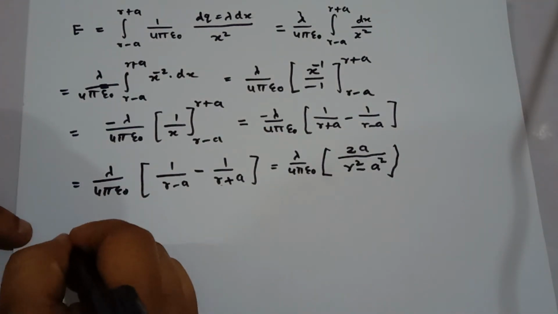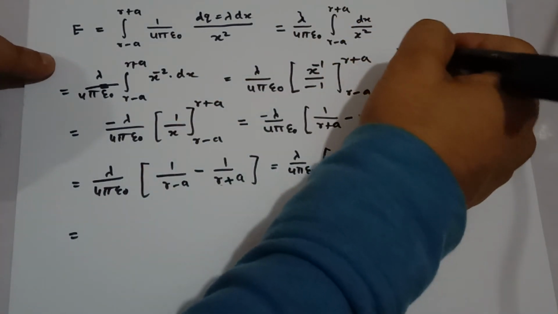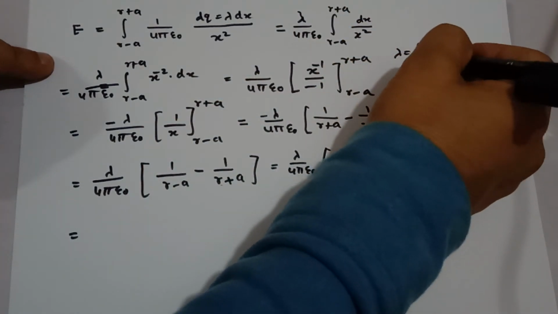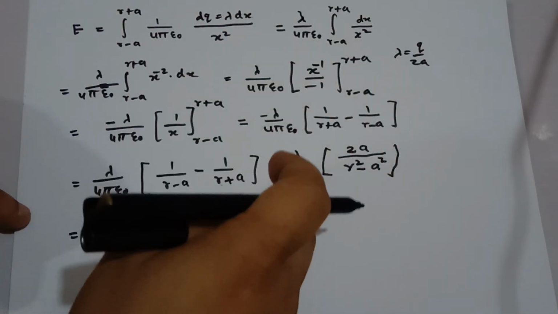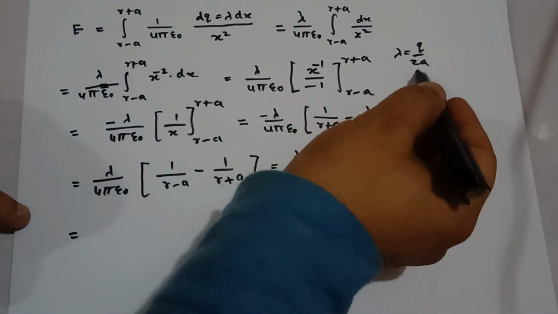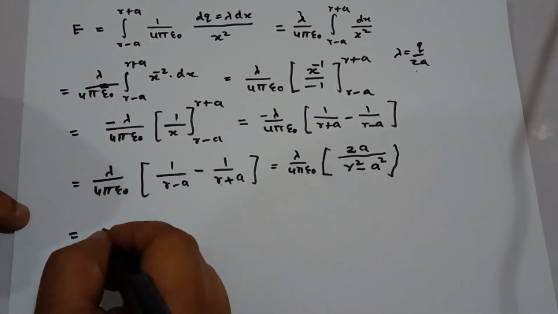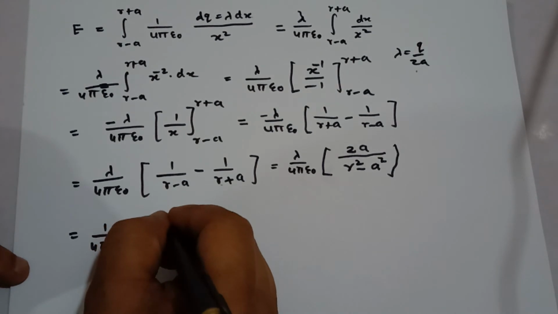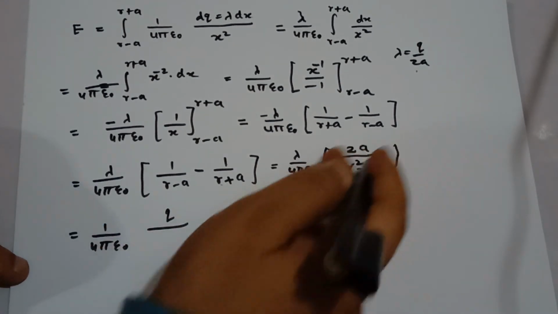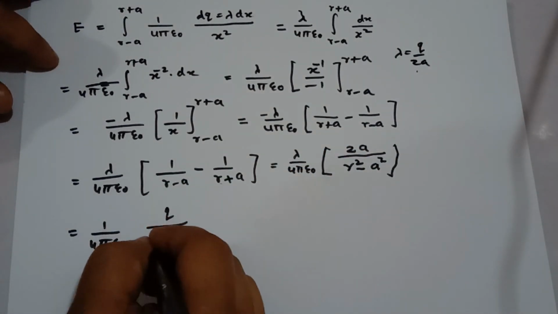Now you can put the value of lambda. Lambda is nothing but q upon 2a, that we already have seen. So 2a is cancelled out and only q remains, so that would be 1 by 4 pi epsilon naught, q divided by r square minus a square.